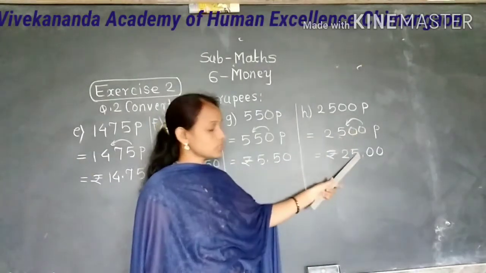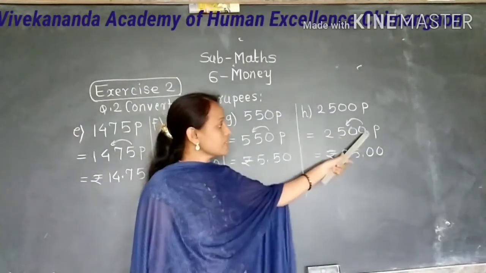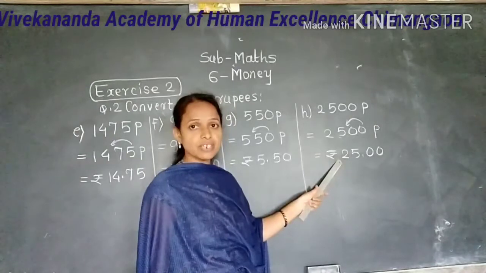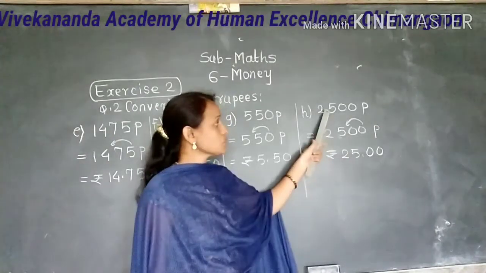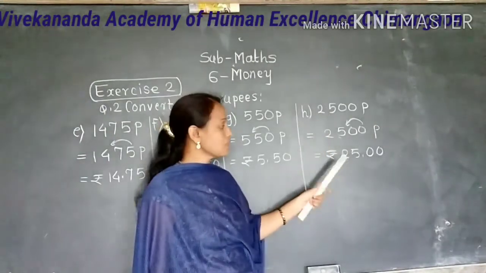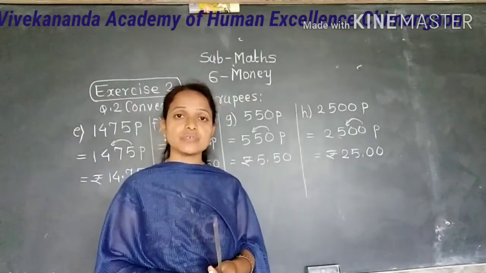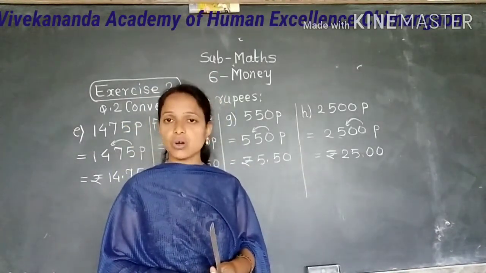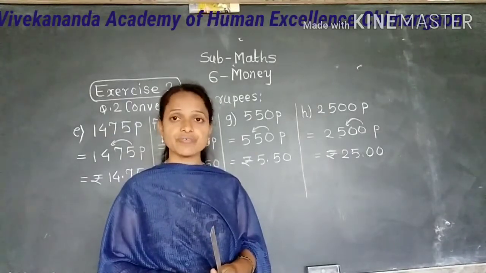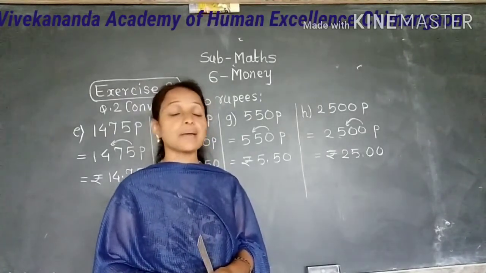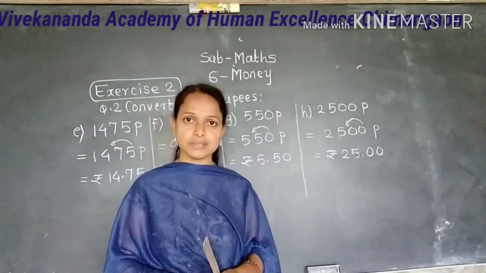So 1, 2, here 25.00, paise converted into rupees, 25 rupees. In this way 2500 paise converted into 25 rupees. Okay, so in this question we solved by putting the dot two digits from the right, converting paise into rupees.